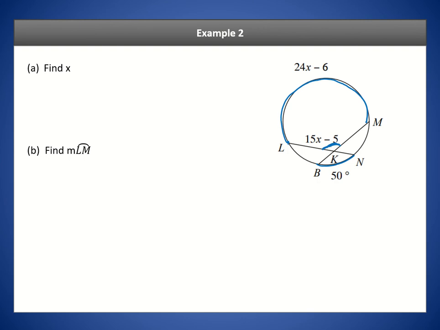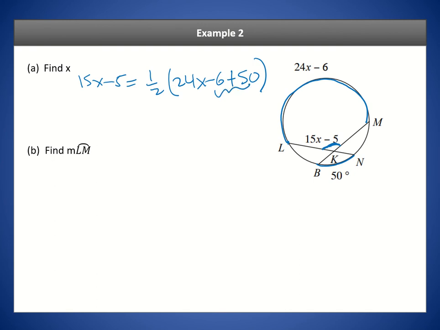So that's exactly how we're going to solve this. So we know that this angle has to equal half the sum of its intercepted arcs, the intercepted arc 24x minus 6 plus the intercepted arc on the other side. And we take that sum, we half it, and then we solve for x here.